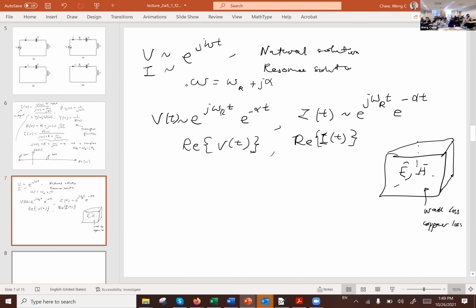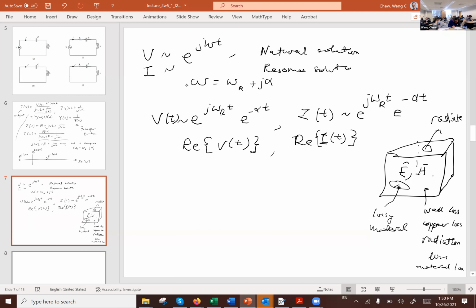Okay. Another possibility is that you have a hole. You can dig a hole, and then the hole can radiate. And that is called the radiation loss. You can also put in a lossy material. And then you will have a third kind of loss called material loss.